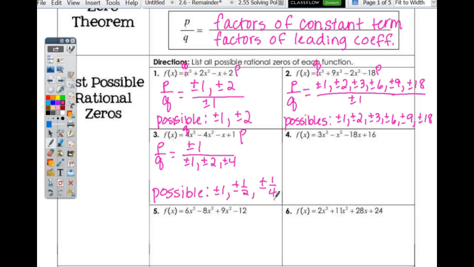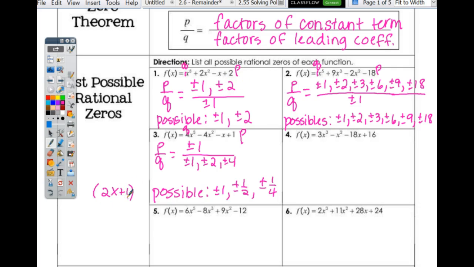So how do I get 1/2? To get this, it would be x plus 1 or x minus 1. How do I get 1/2? What would be in the parentheses to get 1/2? 2x plus 1, right?